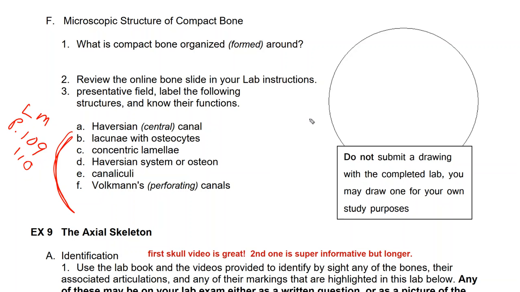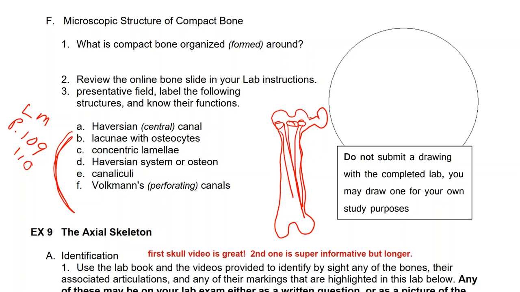I'm just going to draw a long bone. It's not the greatest long bone. There you go. It's my little femur bone. This long bone is going to be like a bundle of twigs, where you have these long circular structures that run parallel to the bone. Each of those has a little dot in the middle of it. That's a canal.